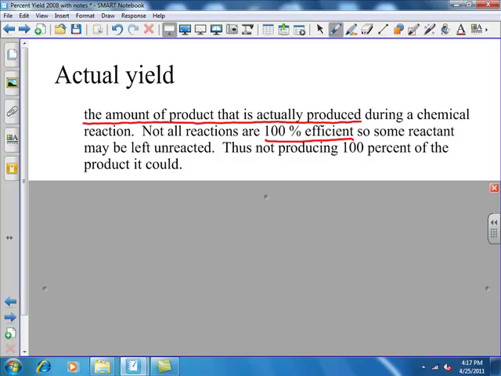What could happen is, as you mix things, some reactant could get stuck on the side of a test tube or the side of a beaker, or you don't mix it thoroughly. So what really happens in the real world is you never produce 100%. So we're going to get an actual yield that is not 100%.